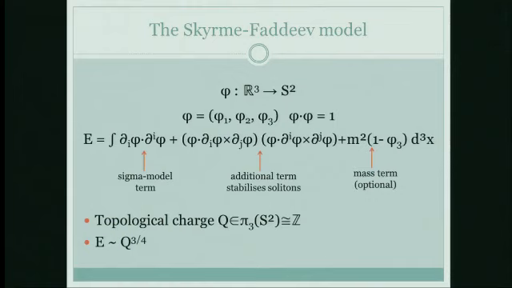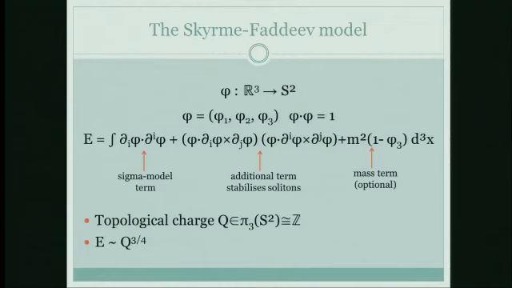So you'll notice that there are three terms in this energy functional. There's this so-called sigma model or Dirichlet term. That's a well-known component of an energy functional. It's related to harmonic maps and has many physical applications. The second term, the so-called Skyrme-Faddeev term, you'll notice rather than being quadratic in derivatives is quartic in derivatives.